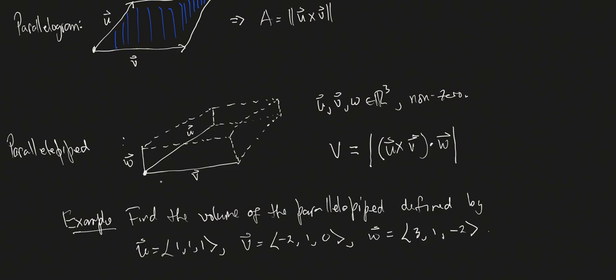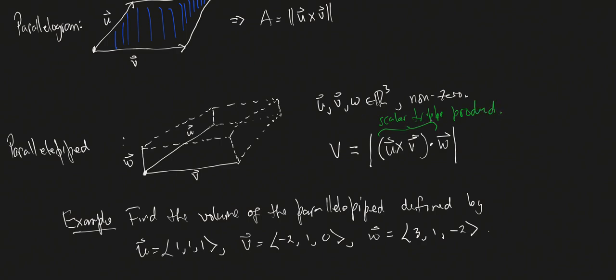Once you have those three vectors, then we apply this formula. In fact, I should say something about this expression. The expression, not in the parentheses, in the absolute value, is often called a scalar triple product, right?